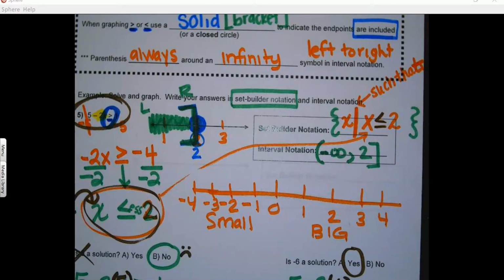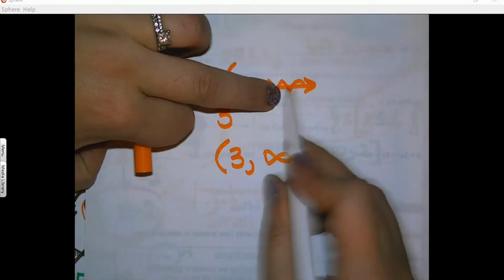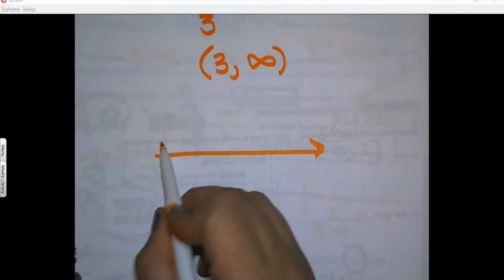Okay, so then let's say we had this problem. You would write this as 3 with a parenthesis, comma, infinity, because it's going infinitely to the right side, and these are all the positives. Okay, let's say we had this problem.